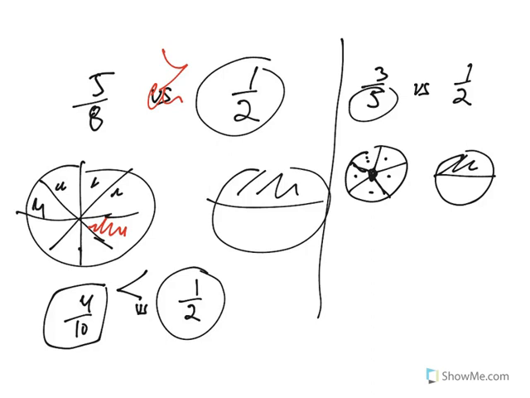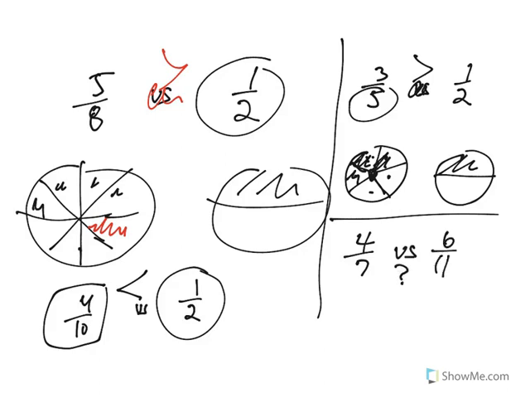So 2/5 is a little bit less than a half, but 3/5 is a little bit more than a half. This would be a good example where drawing the picture could get really hard. Like if I want to know 4/7 versus 6/11, they're both bigger than a half, and it's hard to see. But that would be an interesting question to have students mess around with.